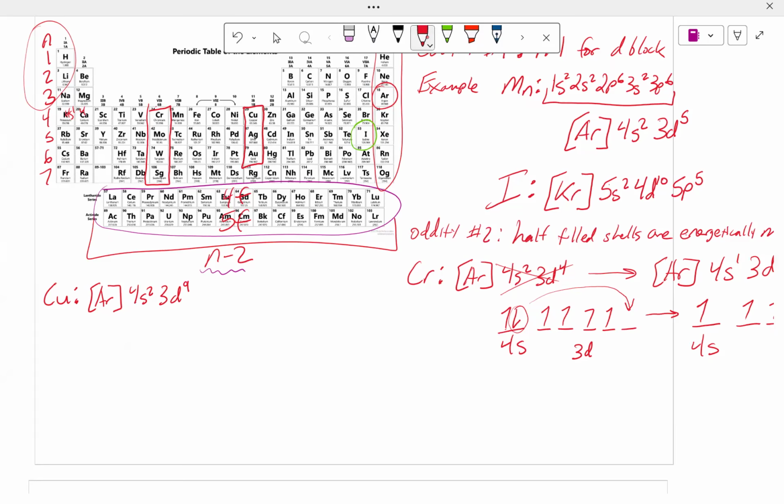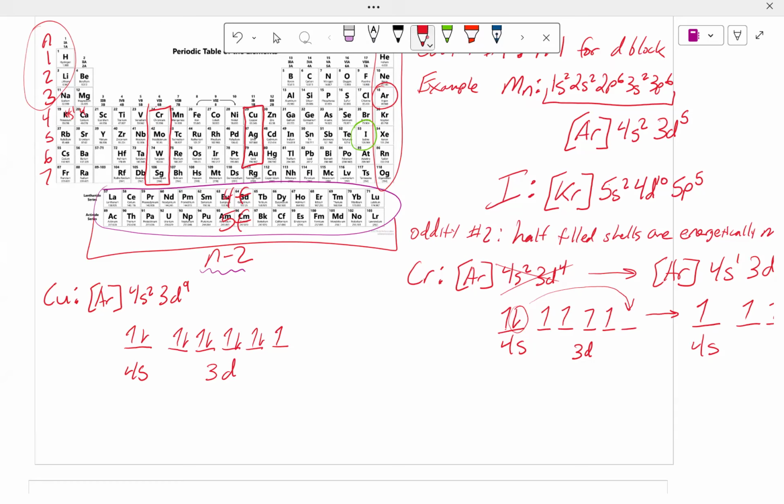So if I draw the orbital diagram for that, this is what I originally come out to.